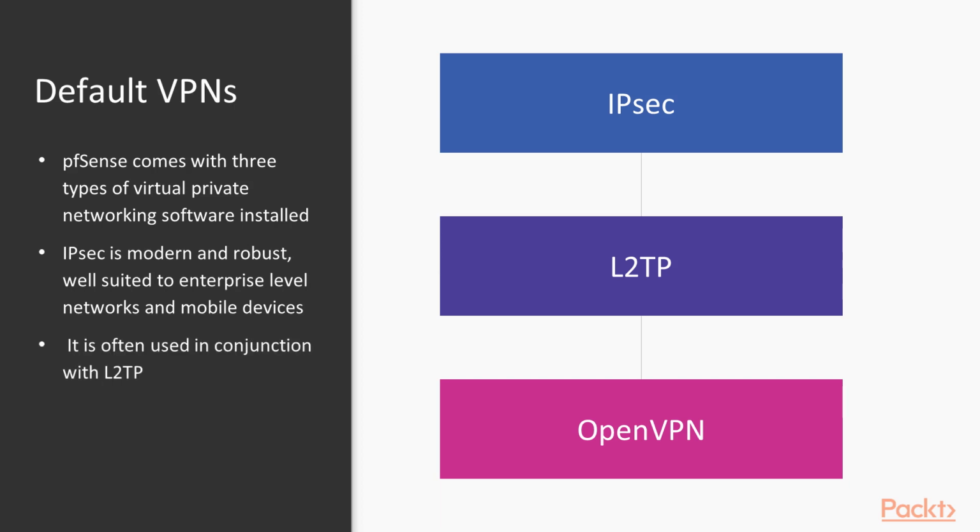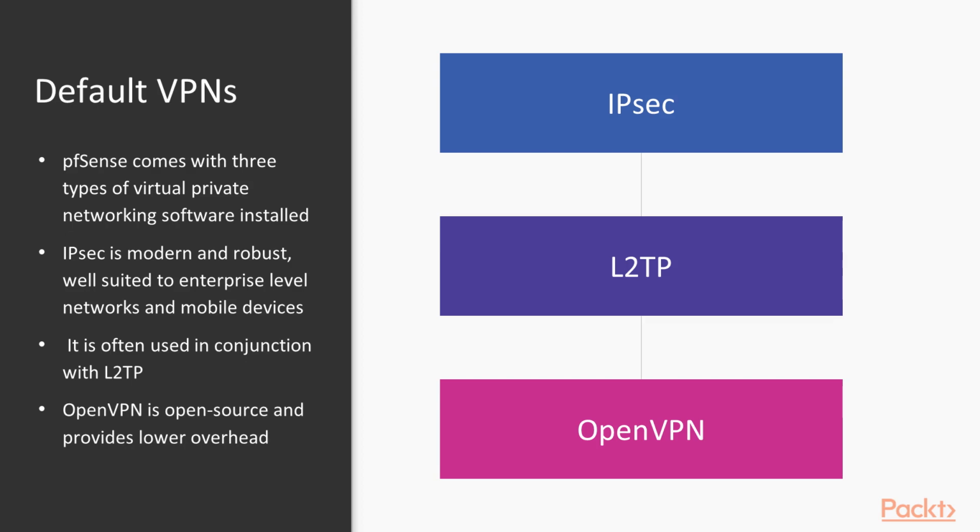It is often used in conjunction with Layer 2 tunneling protocol to securely tunnel low-level network traffic. And one of the most popular for smaller organizations and individuals is OpenVPN, which is open source and provides low network latency.